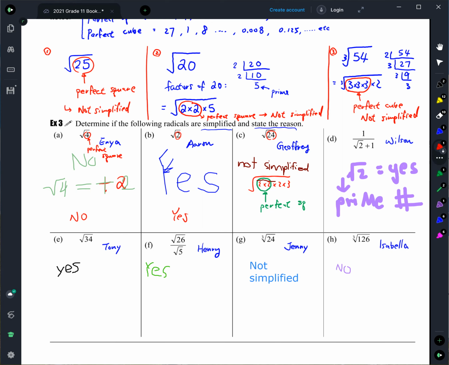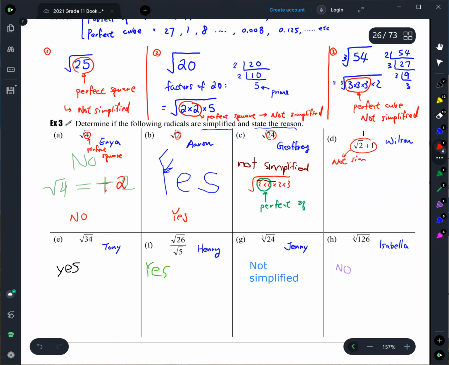Okay, so the moment that you see the square root in the denominator, then you know it's not simplified. We don't really care about what's inside the square root. If you see the square root in the denominator, then it's not simplified. Sometimes you need to look at the inside, but if it's a fraction, you just look at the denominator.